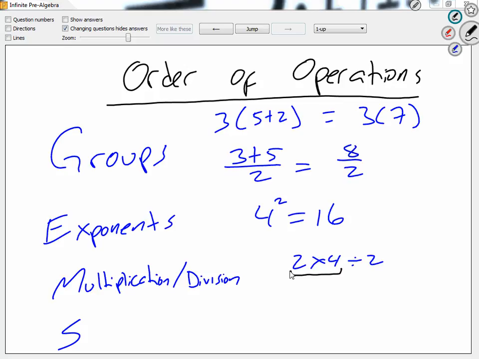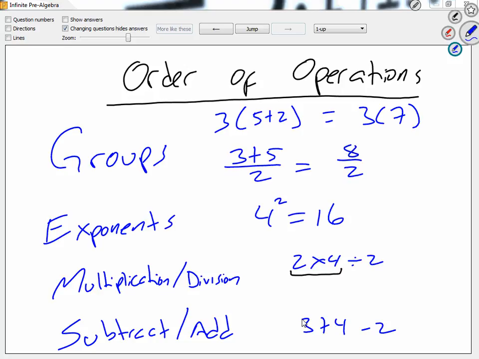And then the S on GEMS, so the last thing we do in GEMS, we subtract slash add. So subtraction and addition are treated at the same level. And just like multiplication and division, go from left to right. And this is the last thing we're going to do. An example would be like 3 plus 4 minus 2. I think subtraction and addition, we know how they look.